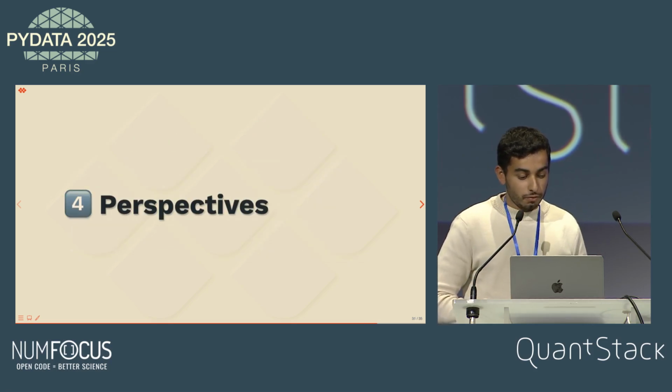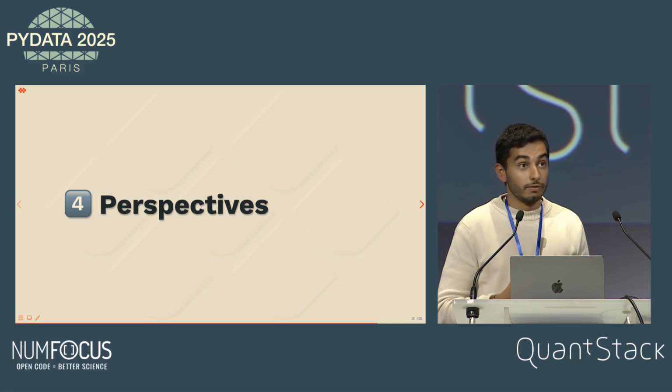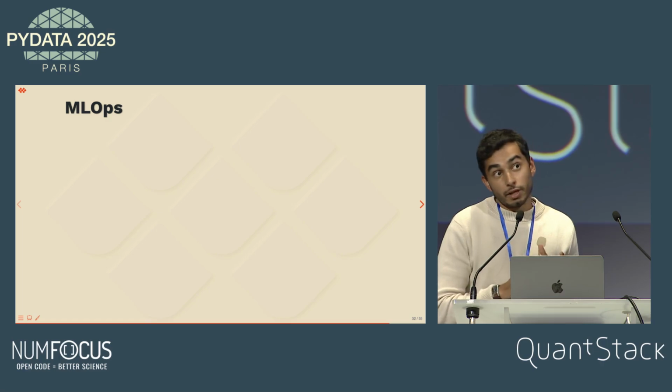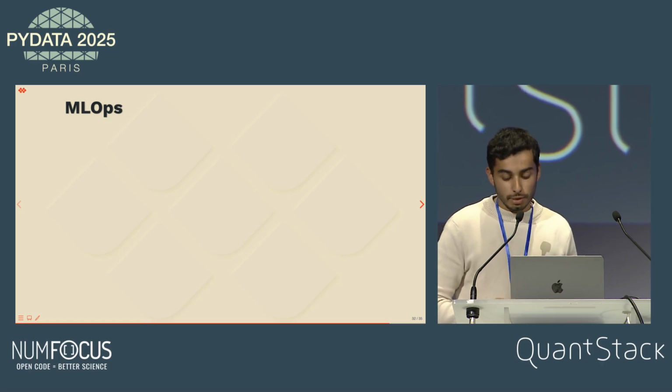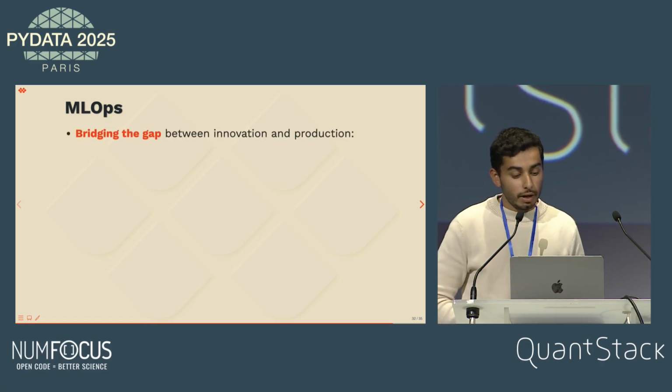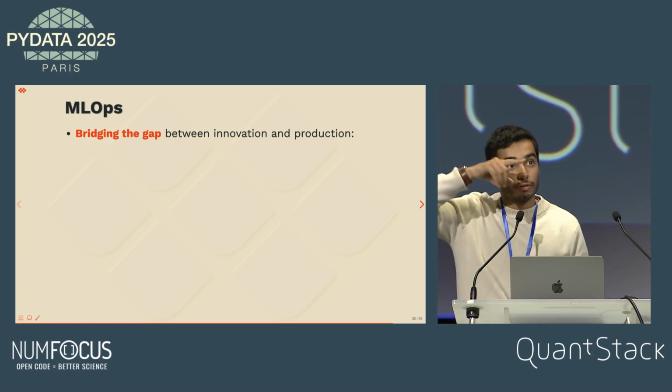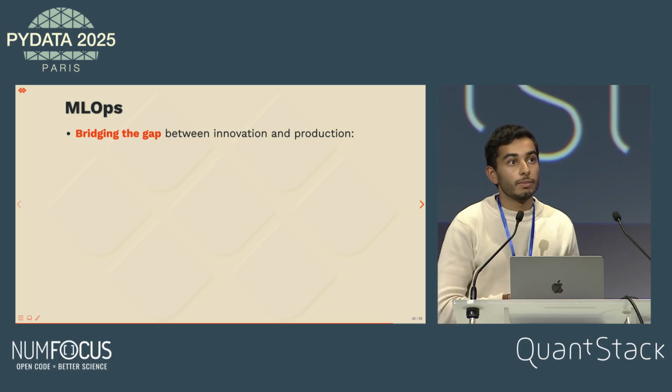And so for the perspectives that we have now for the future, on the MLOps part, you remember that we had a lot of dashed lines, especially between innovation and production, and we really want to bridge that gap to have this eternal knot of the MLOps pipeline in a fully automated way.